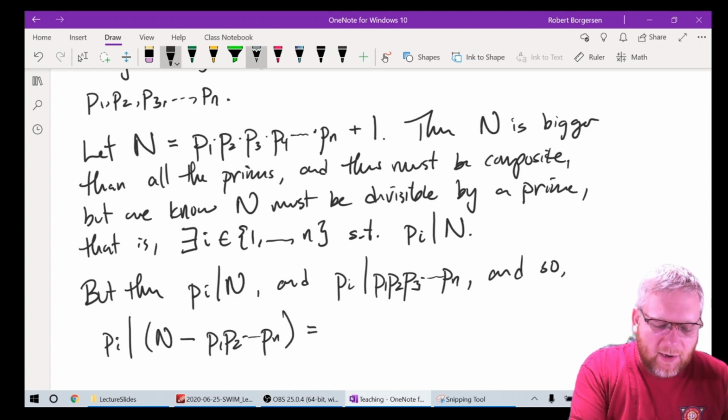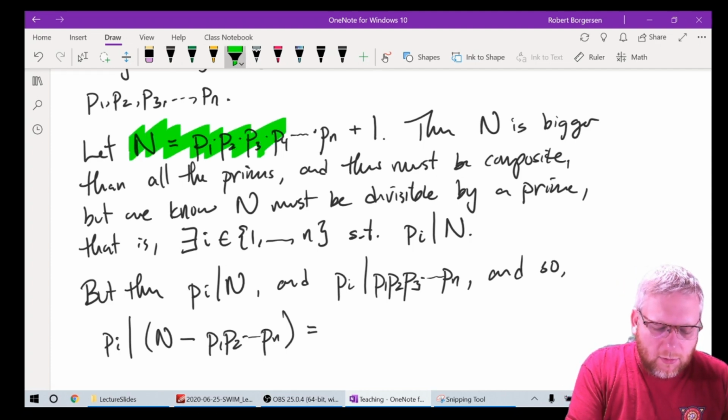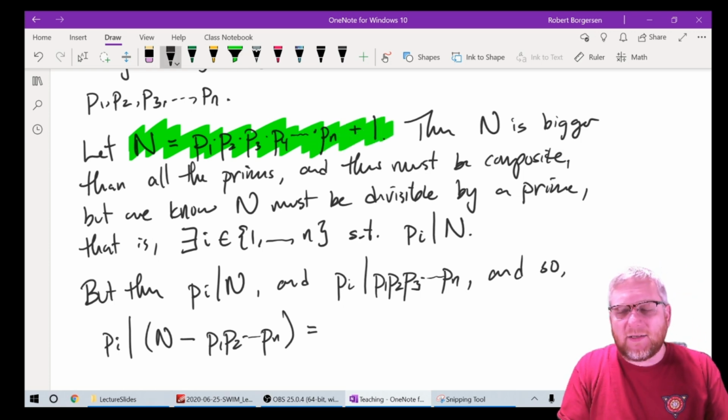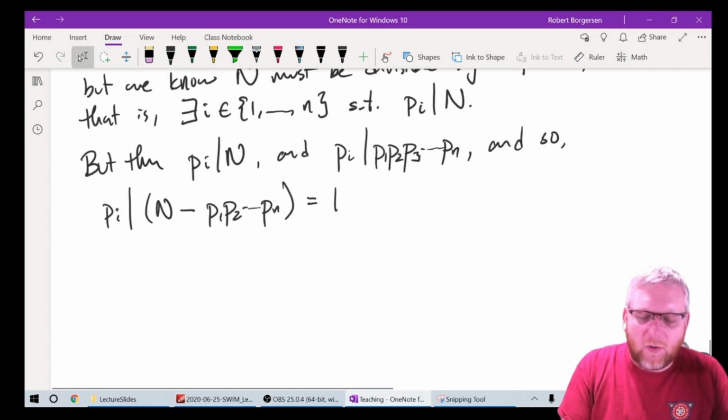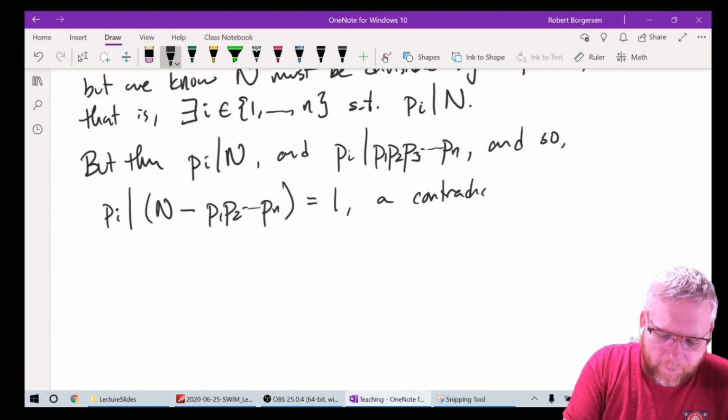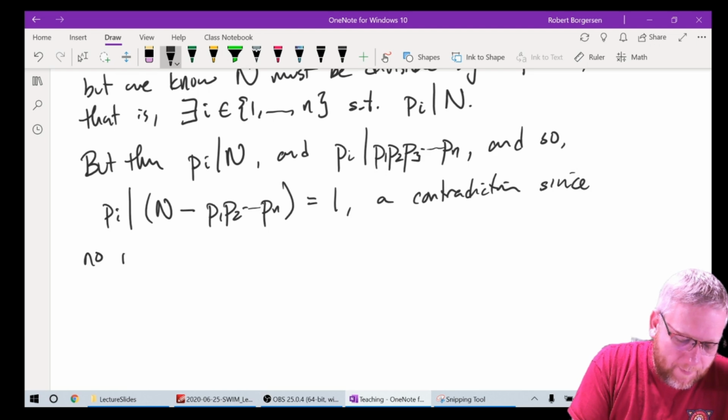Look at the definition of N. What do I get when I take away the product of Pi's from the N? I get 1. I get that Pi must divide 1. A contradiction, since no prime divides 1.